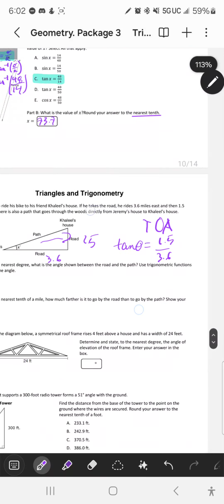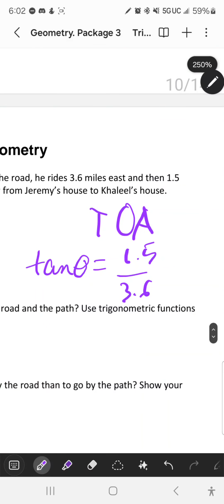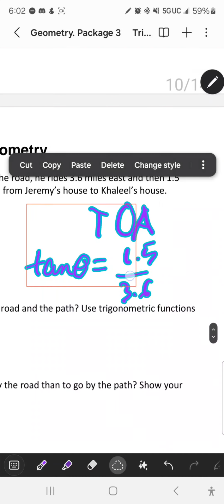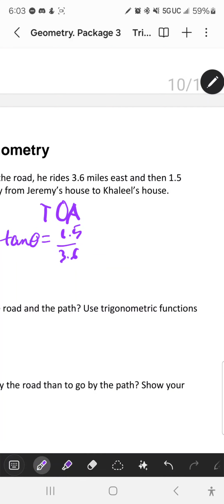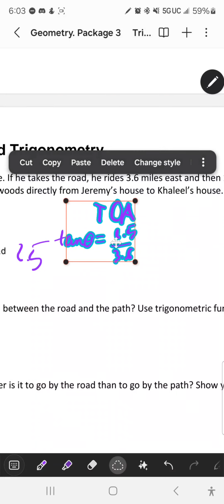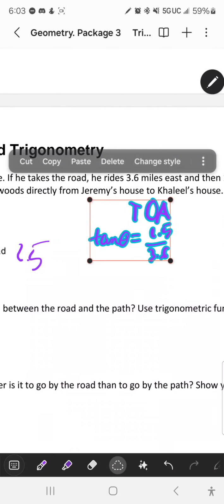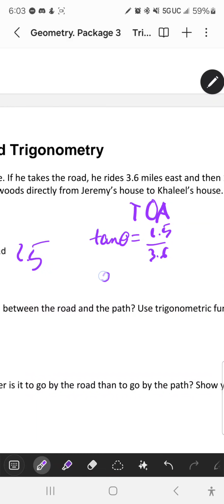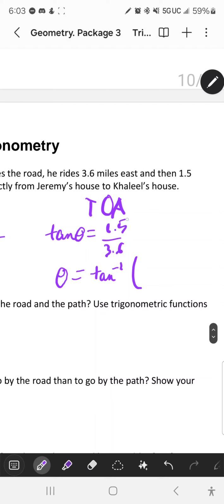Now we're looking for the angle. So I can say that the angle will be equal to tangent -1, or the arctangent, of the ratio, 1.5 over 3.6.